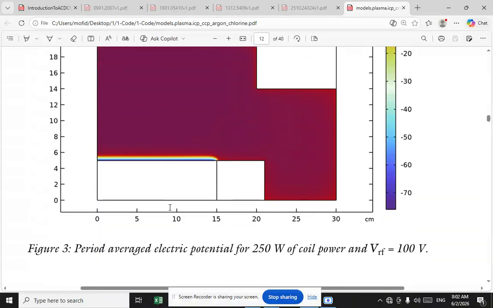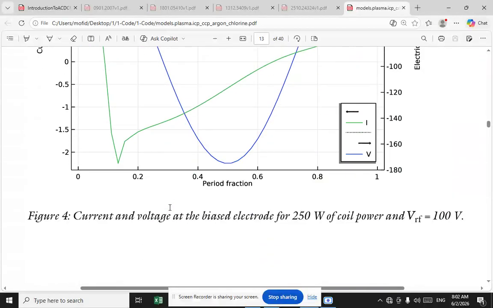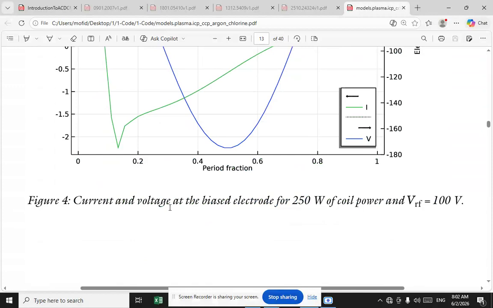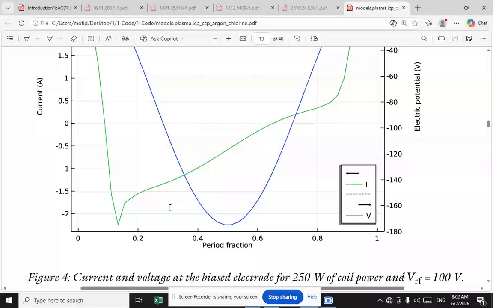And Figure 3 illustrates the period average electric potential for 250 watts of coil power and radio frequency voltage of 100 volts. And you see another plot, Figure 4, illustrates current and voltage at the bias electrode for 250 watts of coil power and radio frequency voltage of 100 volts.